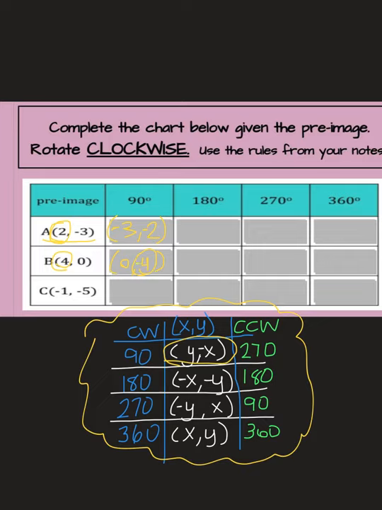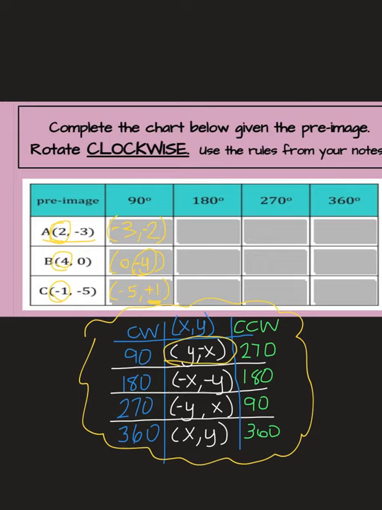My last one for the clockwise 90, I'm going to switch my coordinates around, and then I'm going to take whatever the X coordinate was, which is here, and make it the opposite. So that one should really become a positive one. All right, so let's take a look at another one.